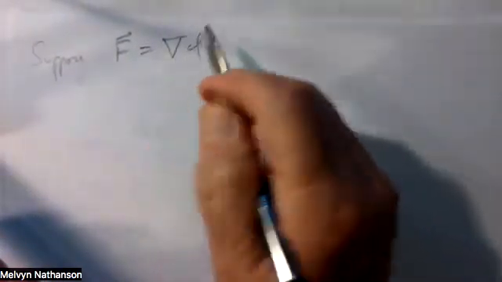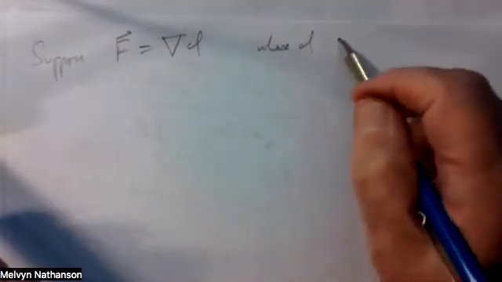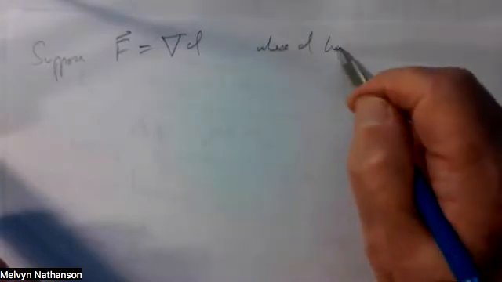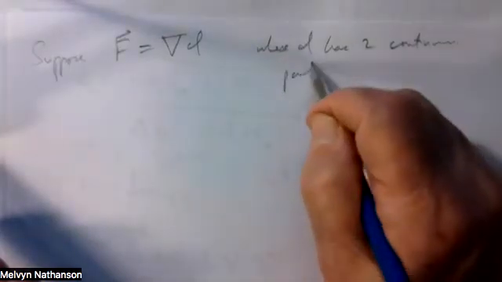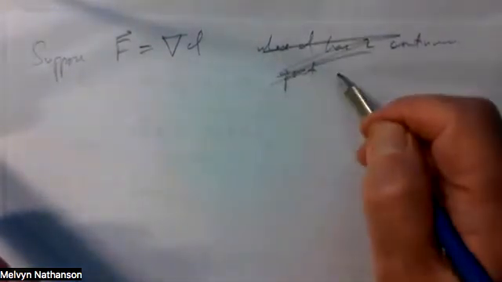So suppose you have a vector field F, which is the gradient of a scalar field phi, where phi has at least continuous second partial derivatives, that is, the second partial derivatives exist and are continuous.